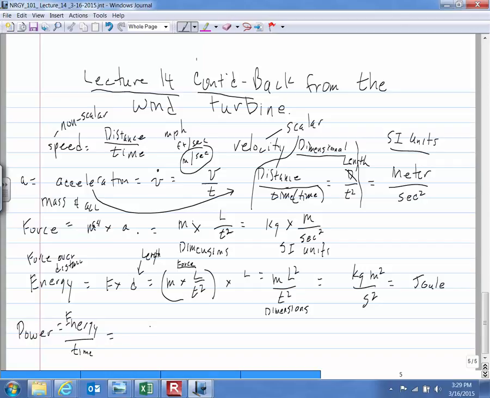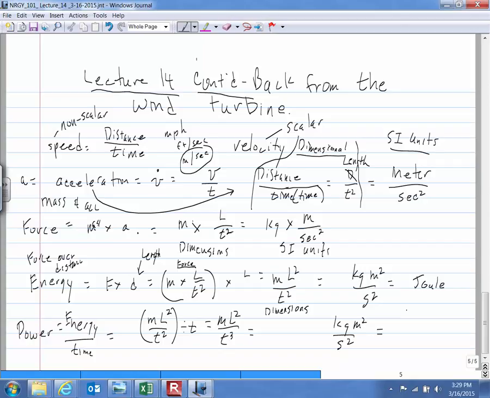So dimensionally, it's energy, as we just had, ML squared over time squared, divided by time, which equals ML squared over time cubed. In SI units it is kilograms meter squared per second cubed.